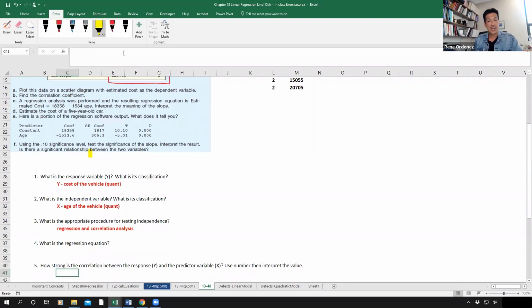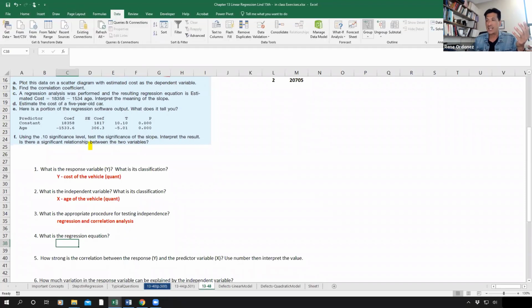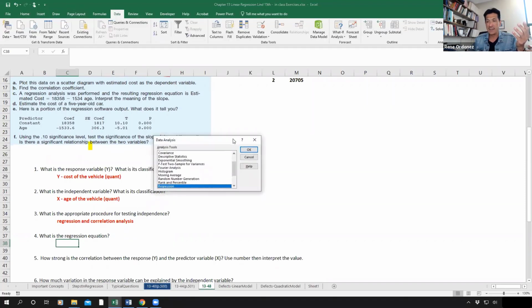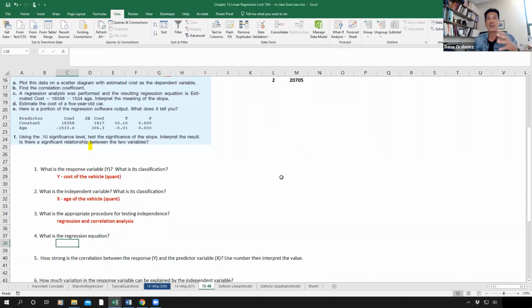So when it gets down to number 4, regression equation, we can run the data analysis and then regression. But before we do that, when you have XY pairs of data, it is best to generate a scatter plot so that we can have an initial indication of the probable model or relationship, if there is one, between the two variables.